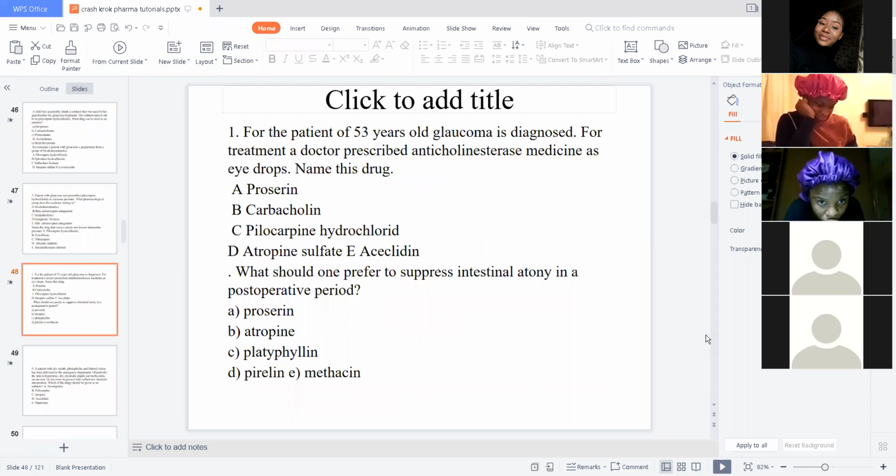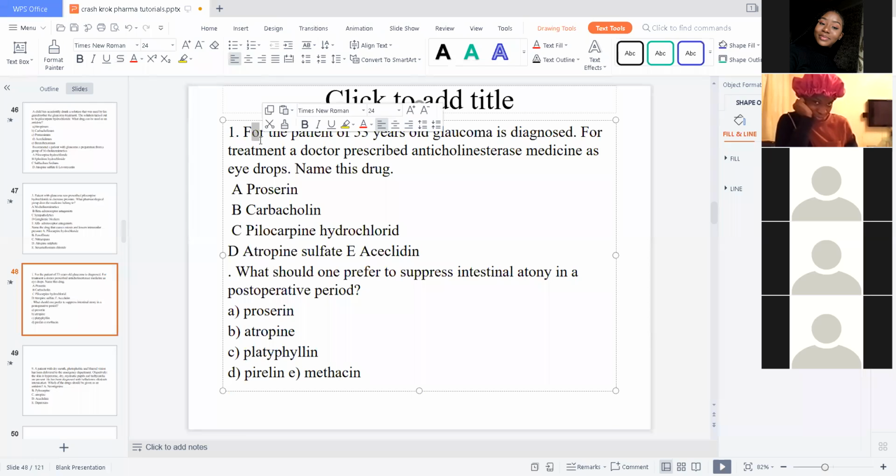Okay, next question. Lesson, are you there? Yeah. For the patient of 53 years old, glaucoma is diagnosed. For treatment, the doctor prescribed anticholinesterase medicine as eye drop. Name the drug. I think physostigmine.